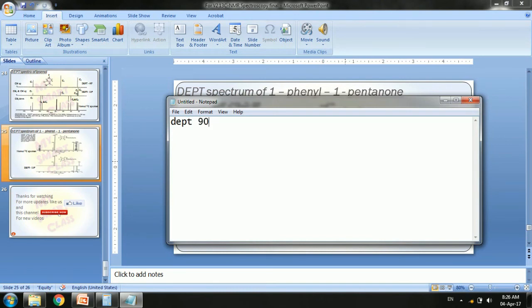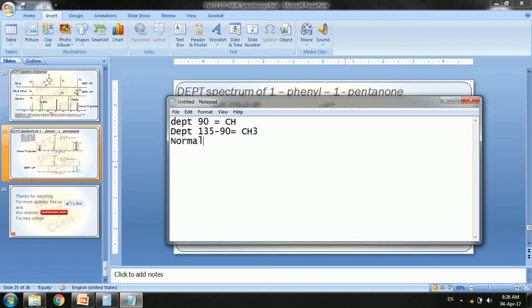DEPT 90 will show you the signal of CH directly. Then DEPT 135 signal minus DEPT 90 signal will give you information about CH3, how many CH3 are present.